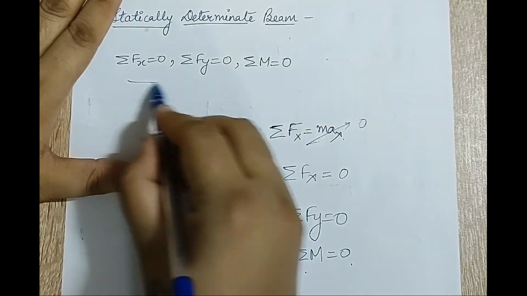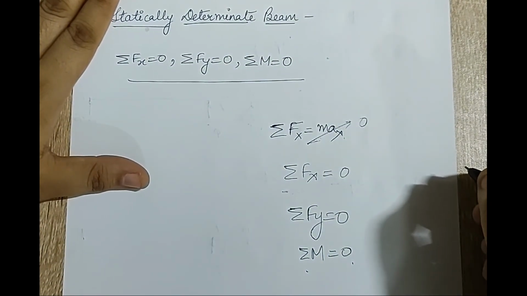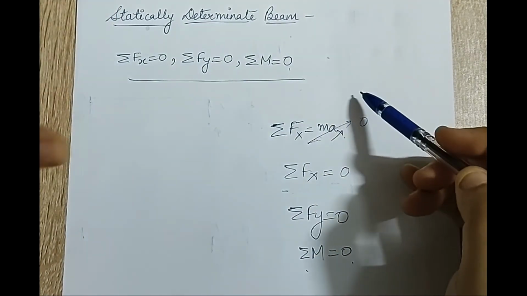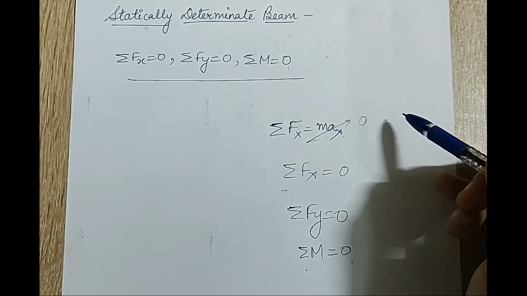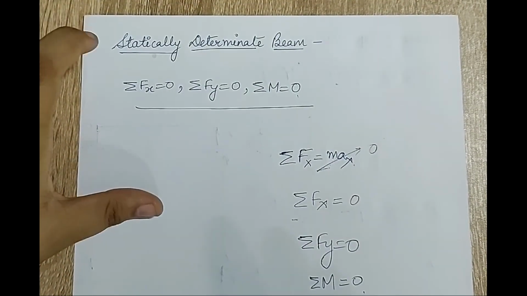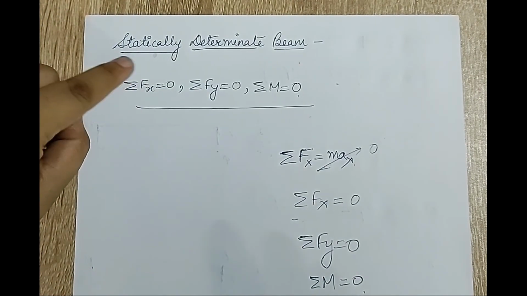These are the three equations which are a part of D'Alembert's principle. If we can use these three equations to solve any beam problem which is given to us, then the beam will be termed a statically determinate beam, which means that the beam is in static state.